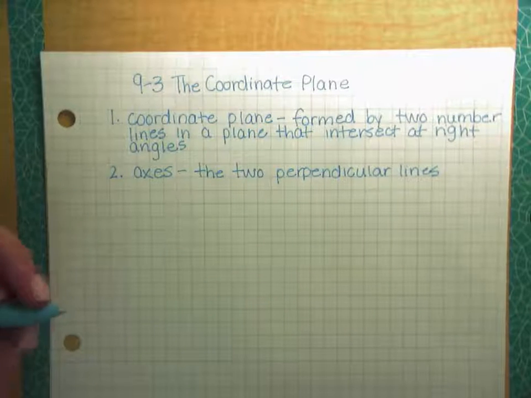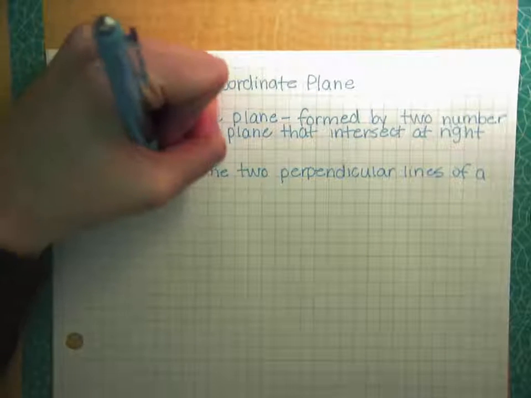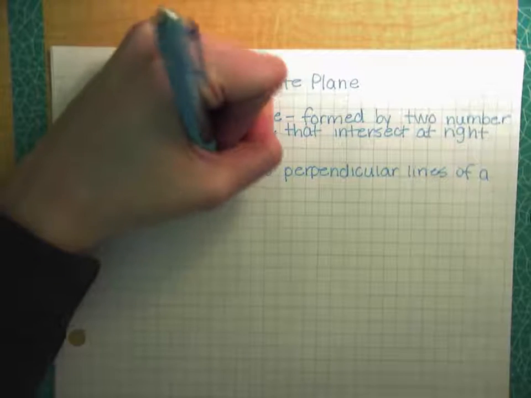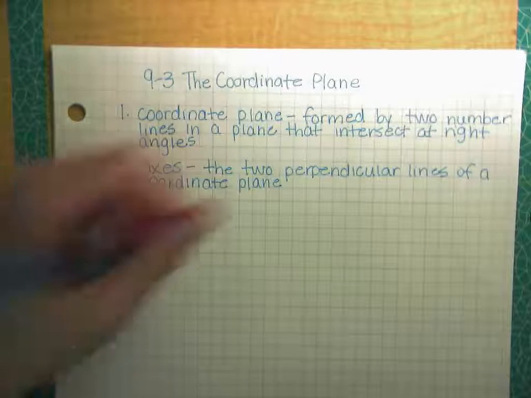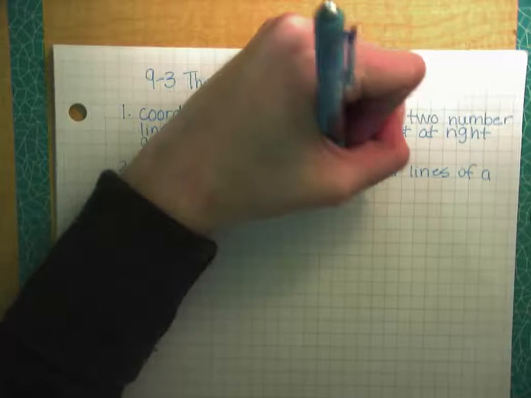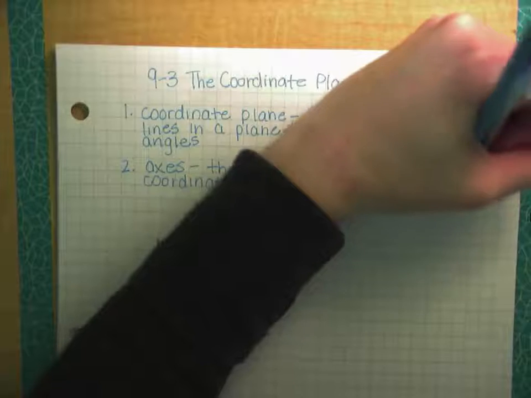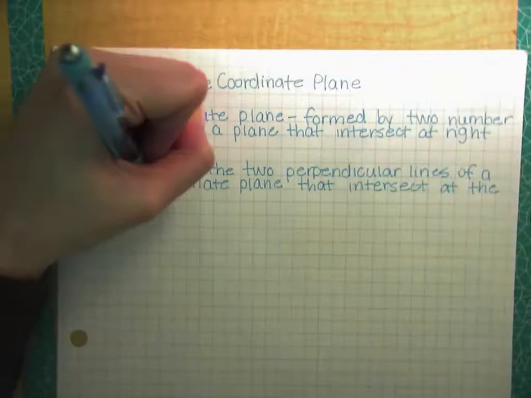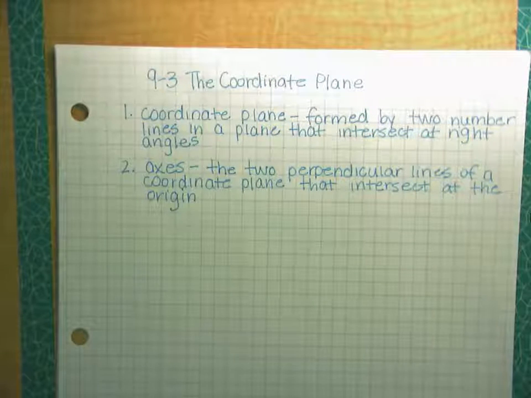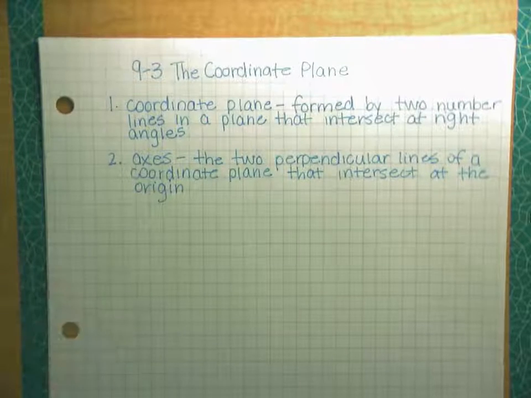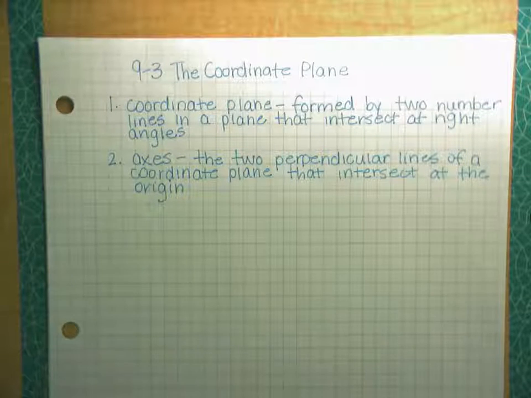So the axes are the two perpendicular lines of a coordinate plane that intersect at the origin. Now we're going to look at what the origin is in just a minute.